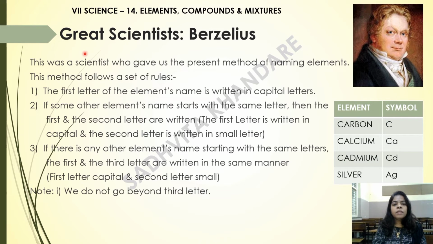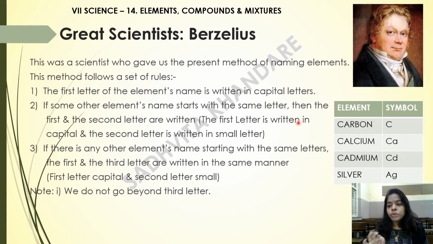Next, children, the next scientist is Berzelius. He has also made a very beautiful contribution in science. Let us see what contribution he has made. This is Berzelius, a scientist who gave us the present method of naming elements. Later on, children, many elements were discovered. Now the scientists who came earlier just gave symbols.